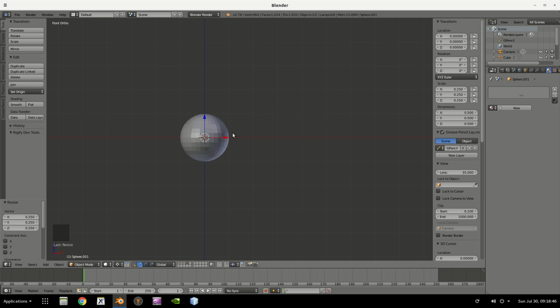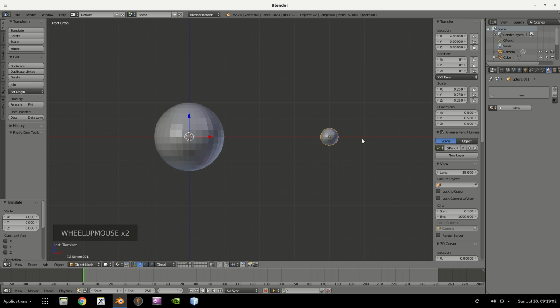Yeah, let's imagine this is the Earth, and now we want to move it, say 4 units to the right. Okay, this is not the right scale, definitely not. The Sun is a lot bigger than this one. Okay, but this will give you an idea. So let's imagine that this is our Earth. So what's going to happen? This thing is going to rotate around the Sun like this.